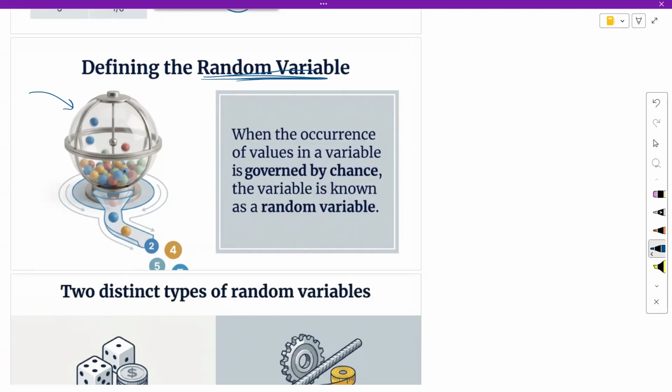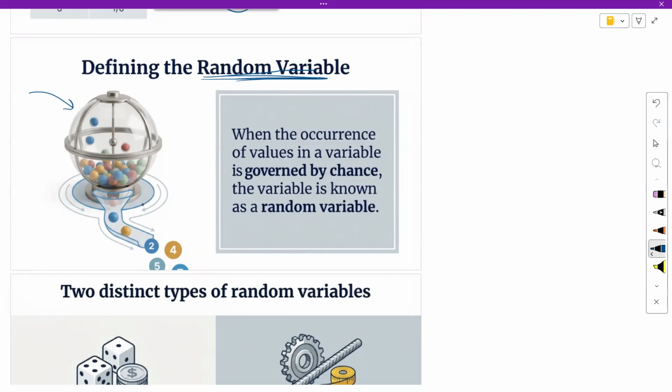So the score we get from this kind of experiment or any trial is called random.